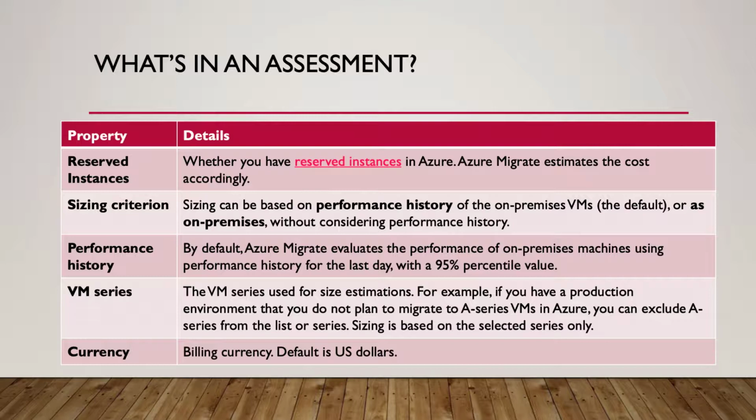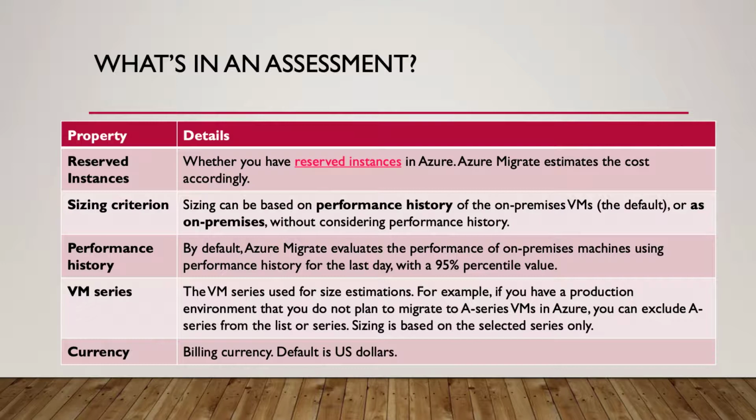But again, remember, based on one day, it all depends on how your business was running on that last day. By default, Azure Migrate evaluates the performance of on-premises machines using performance history for the last day with 95 percentile value. So VM series is the other property of an assessment. The VM series used for size estimation.